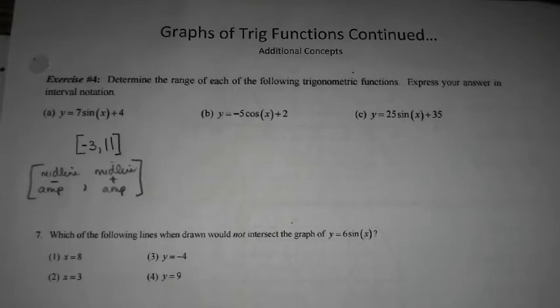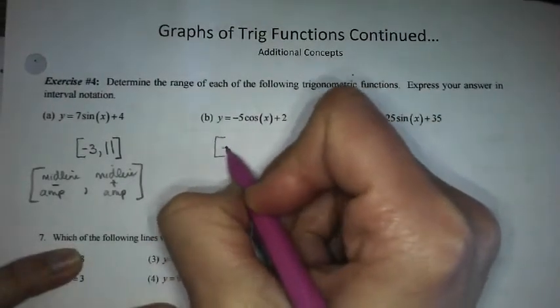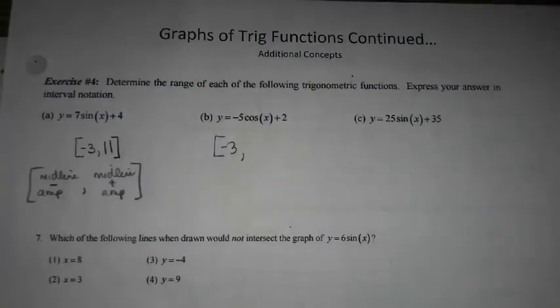So Aiden, what do you think your minimum is going to be in part B? Good, that's your midline of 2, and then you got to go down your amplitude of 5, so 2, and then down 5 puts you at -3. And then 2 and up 5, Aiden, brings you to 7.